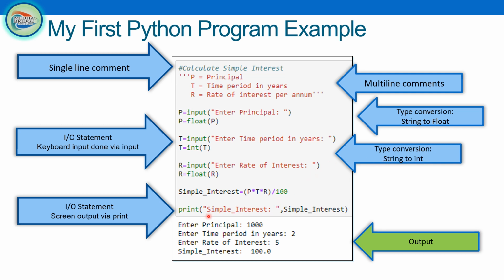Print is a function used to redirect output onto the screen or console. Input and output are known as IO statements. After executing the above program, we shall follow the output as shown here.